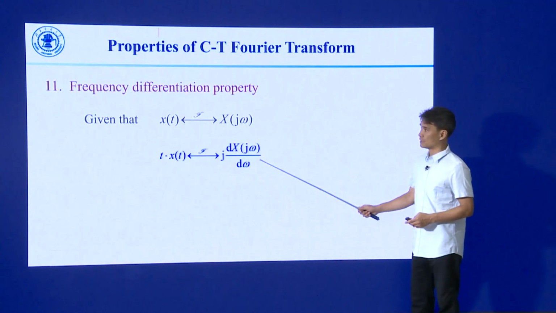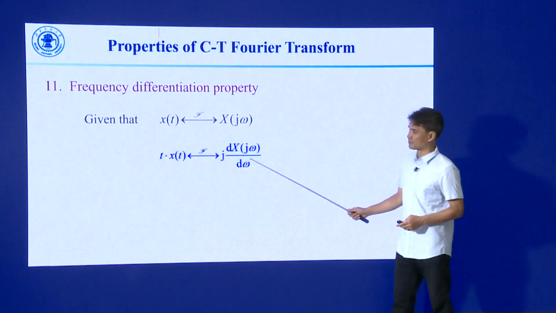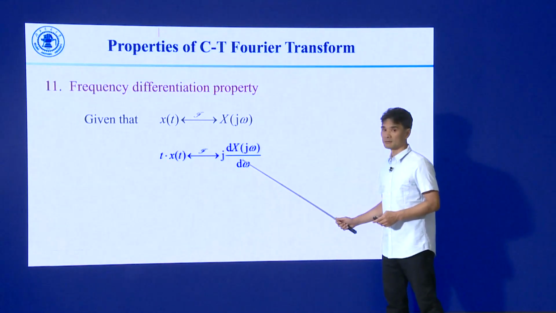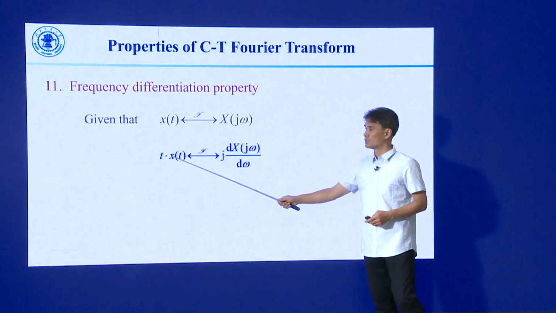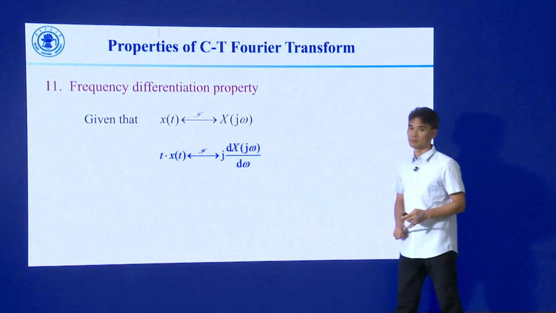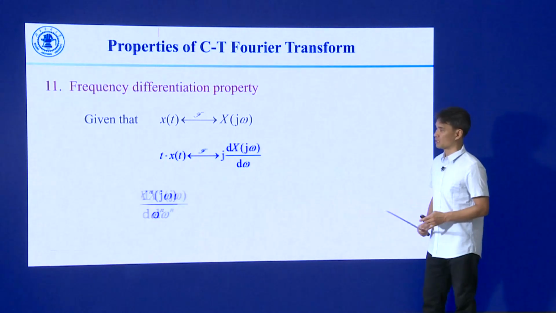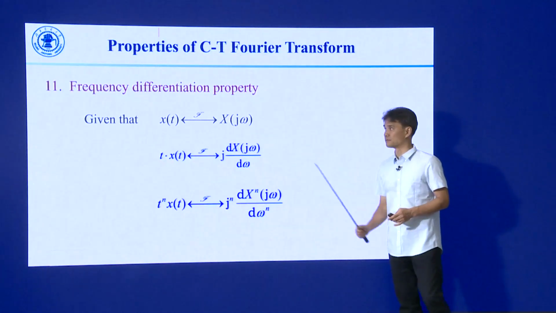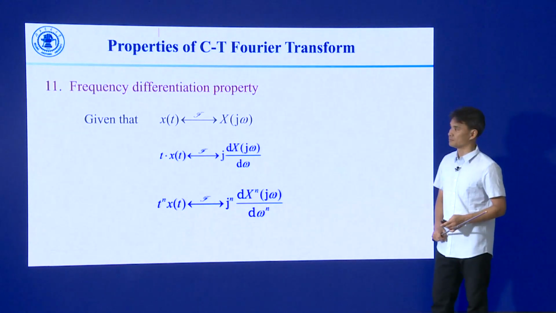So this will be the frequency differentiation, and pay attention to the correspondence. First derivative in the frequency domain corresponds to multiplication in the time domain. And we can do this multiple times as well. So this also belongs to the frequency differentiation property.